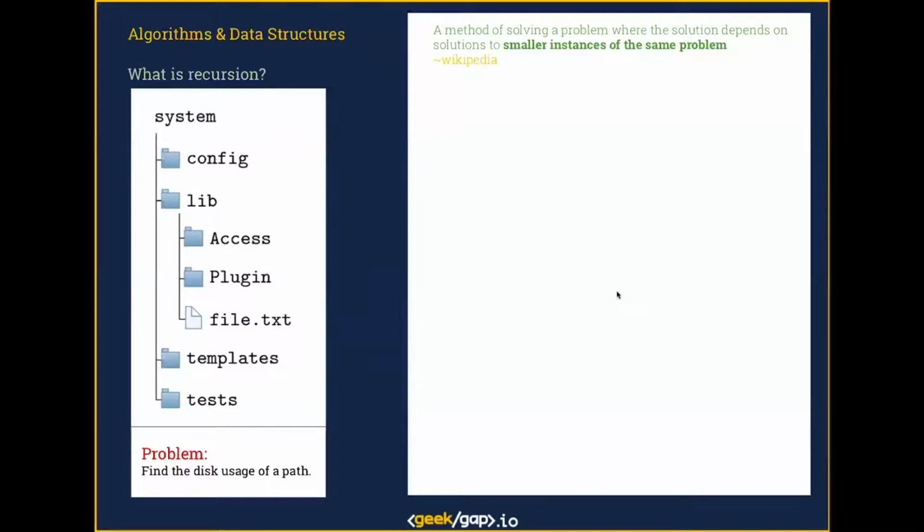Recursion, as Wikipedia defines it, is a method of solving a problem where the solution depends on solutions to smaller instances of the problem. So here is the key. Let's say we want to find the disk size of this path.